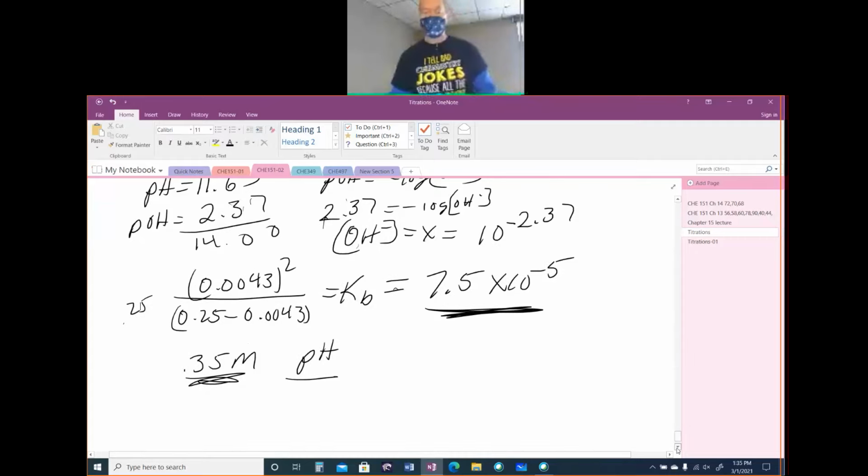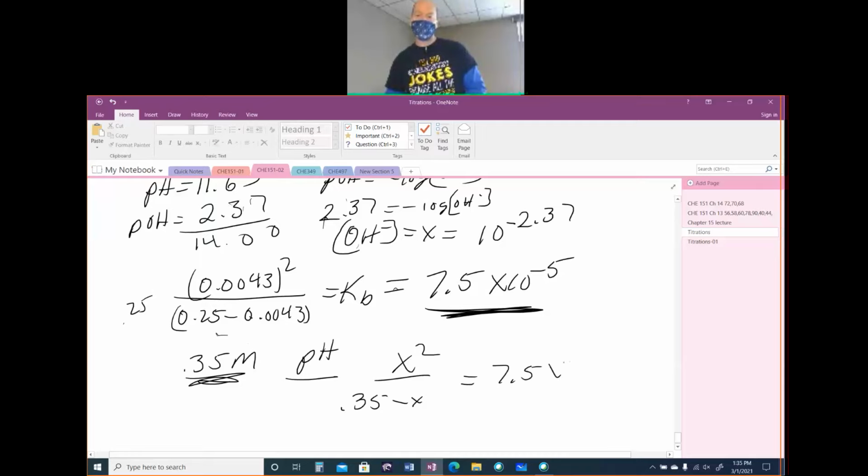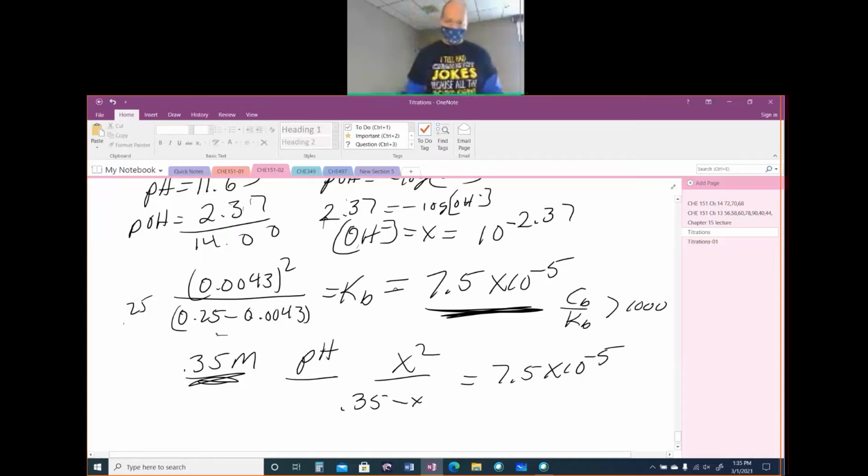11.63. And so you simply have your X squared over your 0.35 minus X is equal to 7.5 times 10 to the minus 5. And your Cb over your Kb is greater than 1,000. And so that is your final answer.